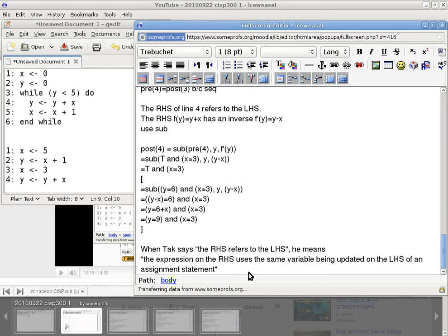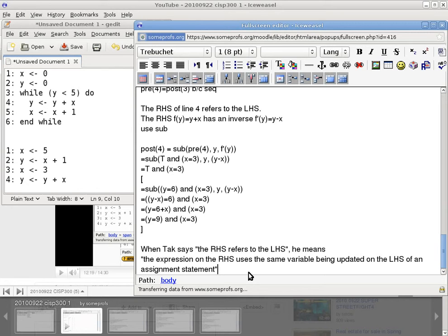So once again, the stuff in square brackets, those are all optional. It does give you a better result because if you use the square brackets, the alternative derivations, not only does it tell you that x equals 3, it also tells you that y equals 9. But it does not mean the other way is wrong. The other way is just giving you an answer that is not as specific.